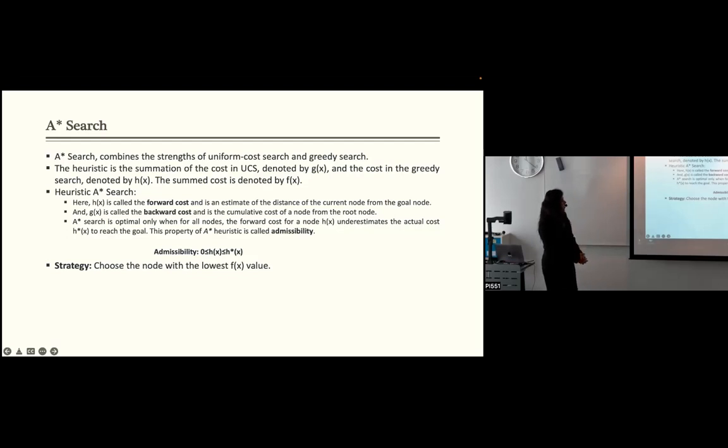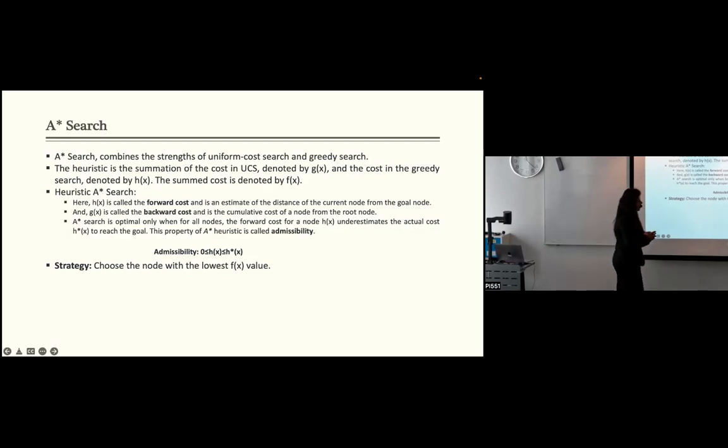So yes, A star search is optimal only when, for all nodes, the forward cost h(x) underestimates the actual cost h*(x) to reach the goal. This property of the A star heuristic is called admissibility.